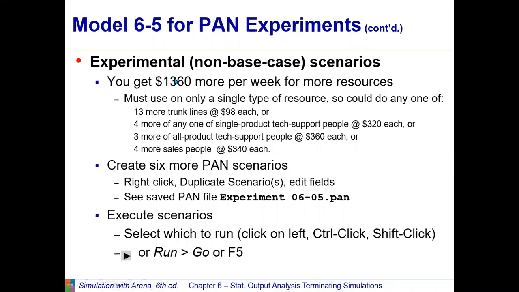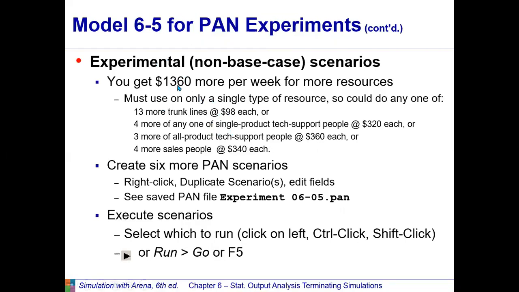If we have $1,360, and the flat rate for running a trunk line is 98, then dividing 1,360 by 98 gives approximately 13 trunk lines that the company can have in addition to the 26.